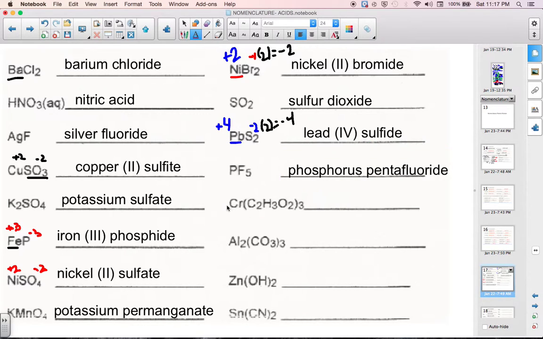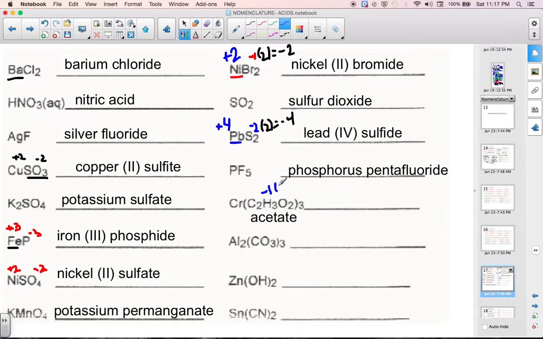Okay. The next one looks like, oh, what is this? I don't know if I can name this. But if you look at the back of the periodic table, I'm going to find C2H3O2, and I know that that is the acetate ion. And the acetate ion, if I look at the back again, I know that that has a -1 charge. So this has a -1 charge on the anion.